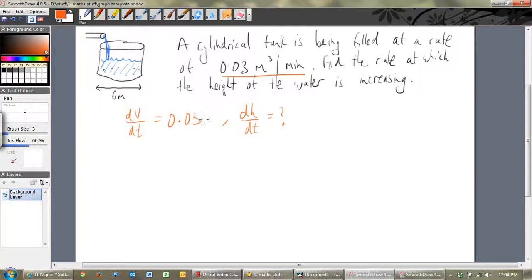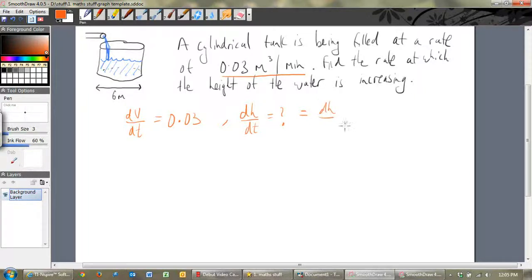At this point, that's all you really know. We know that the diameter is 6 meters, but we don't really know more. What we want to do next is to actually write down the chain rule. So for dH dt, I'll write it up here. What that will be equal to is the chain rule.